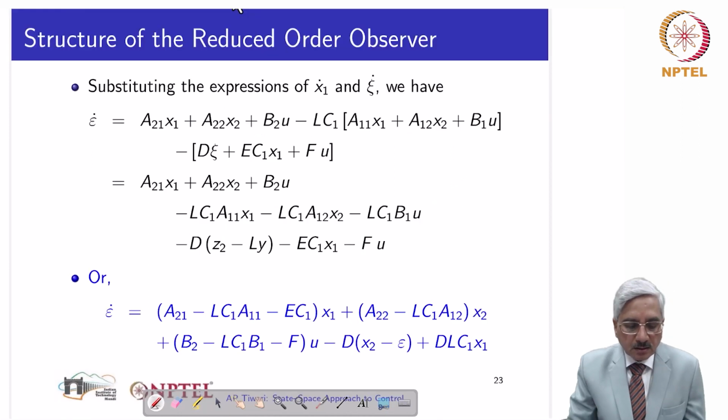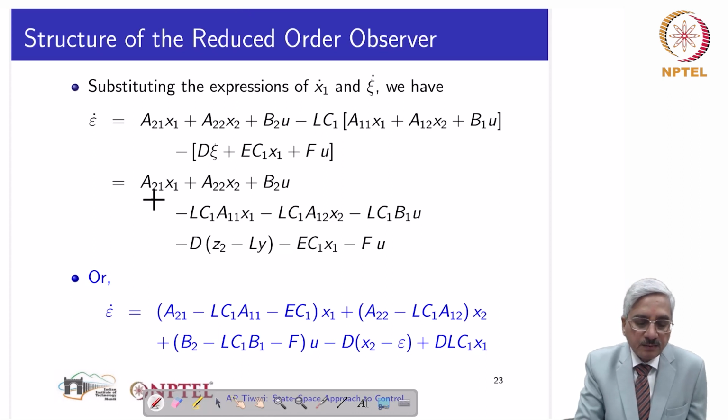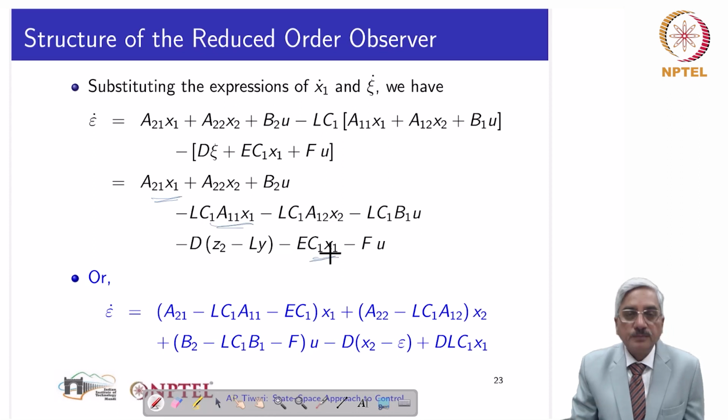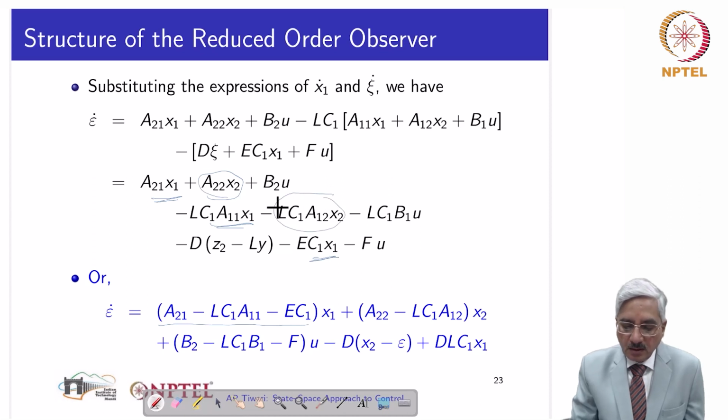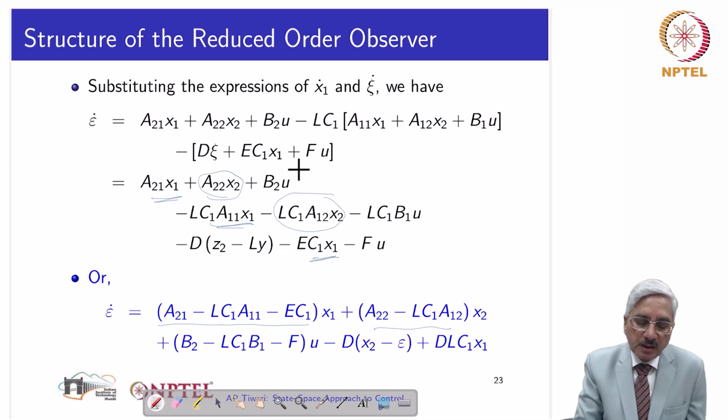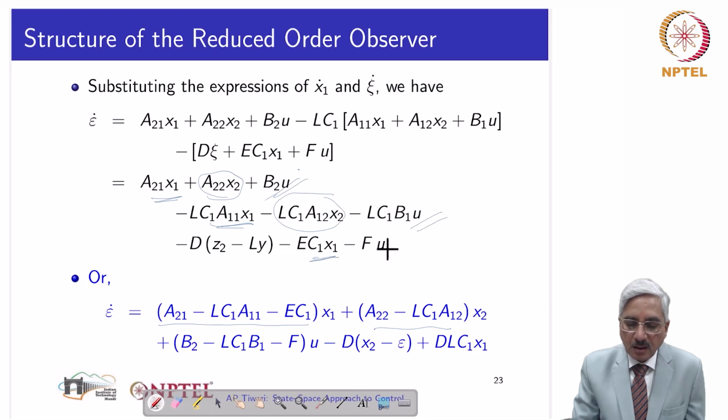Now we collect the terms in the same variables together. Like in x1 we have this one, this one, and this one. So these three we take together. Similarly in x2 we have this one and this one, we take them together. In the input u, we have this term, then we have this one, and we have one for F. So we take them together and write here.